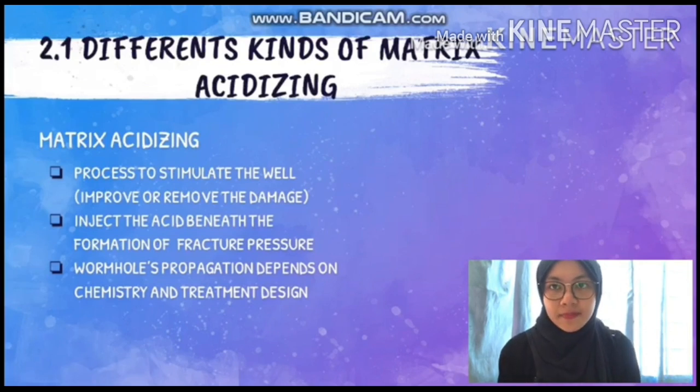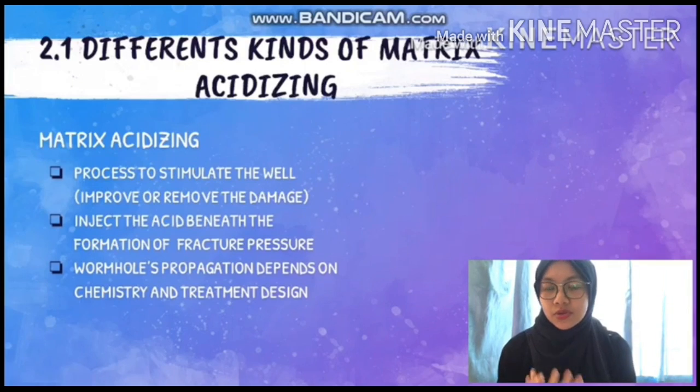At the same time, matrix acidizing is also used to decrease the skin factor in the carbonate reservoir. The process also creates wormholes by injecting the acid under the formation pressure.